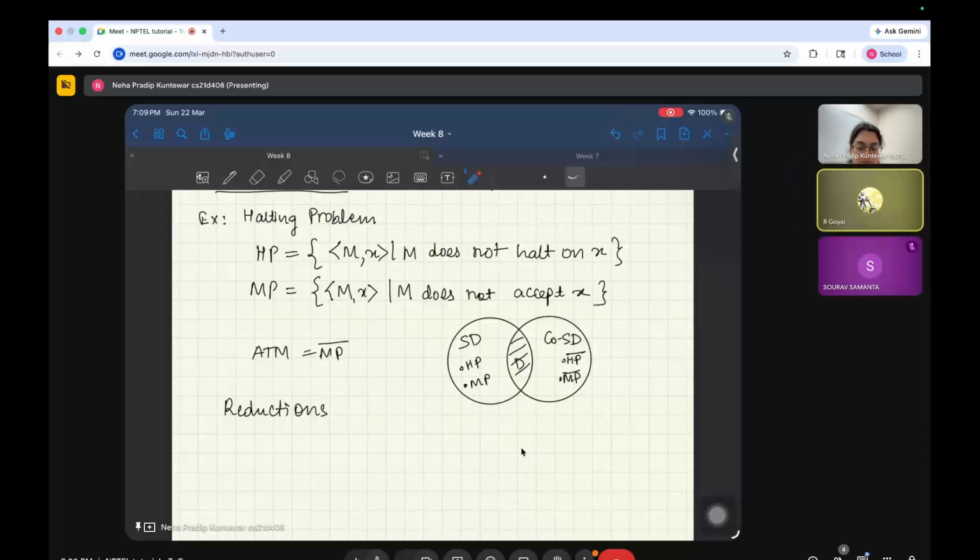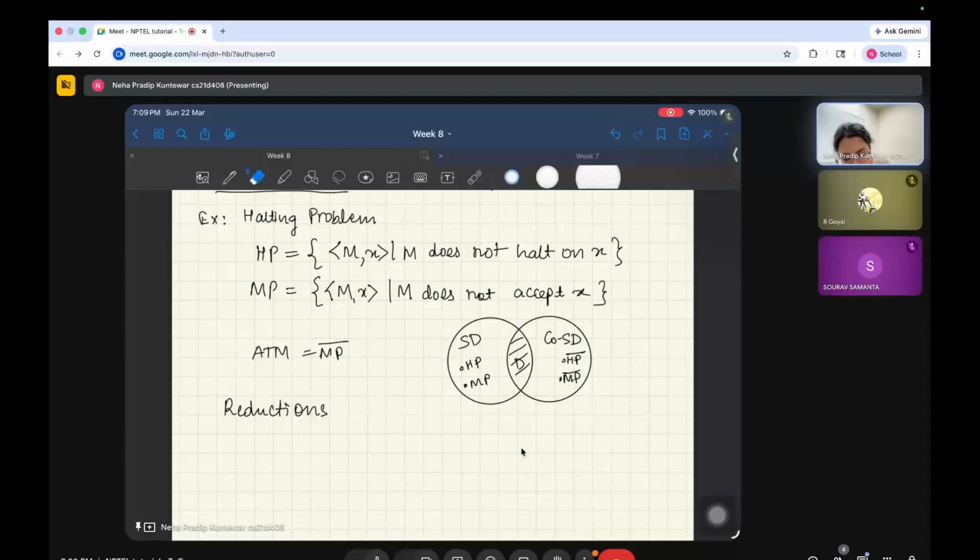So what's the difference? In the halting problem, the statement is: m halts on x or m does not halt on x? You're right.